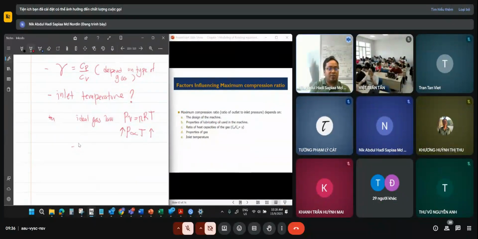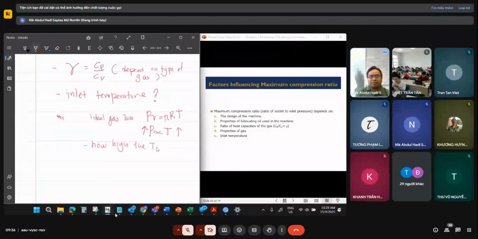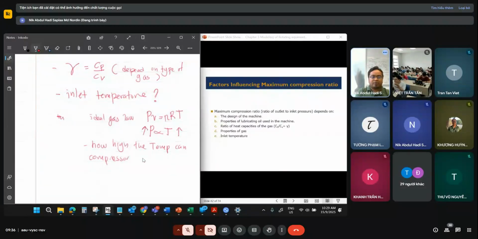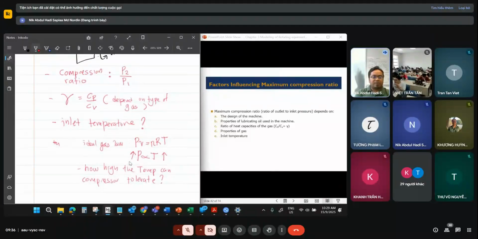So the question arises, how high the temperature can compressor tolerate? We need to focus on this statement.